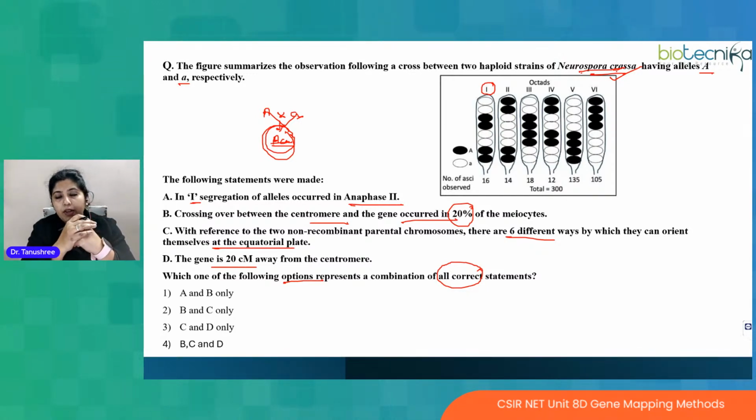So just recall what kind of arrangement we have in Neurospora crassa, and then you have to recall further concepts about the ratio of the ascospores based on the arrangement. What do we get? All that information you have to recall here. So I want everyone to solve this question and recall those concepts. I have already given you a hint.